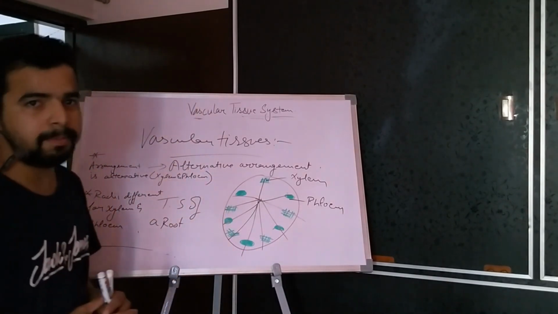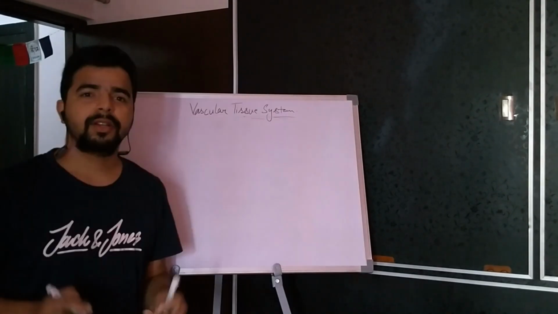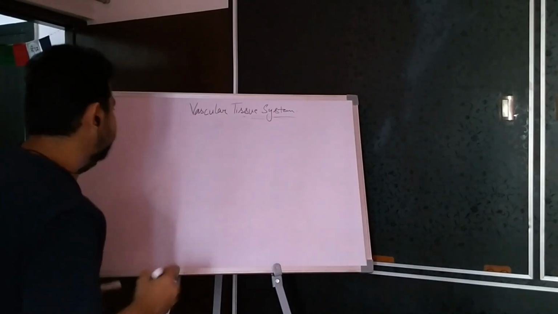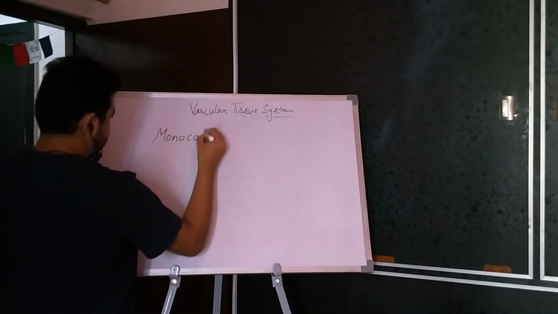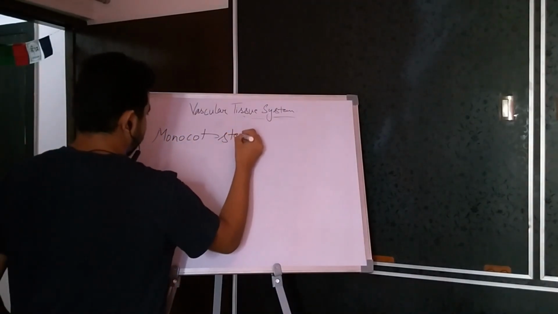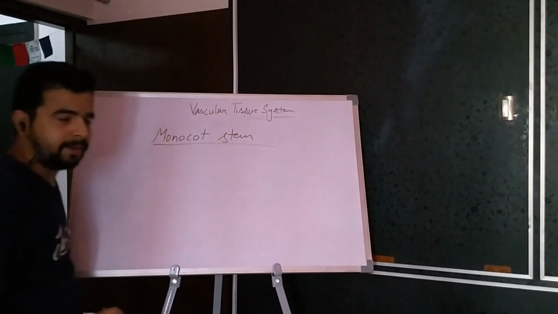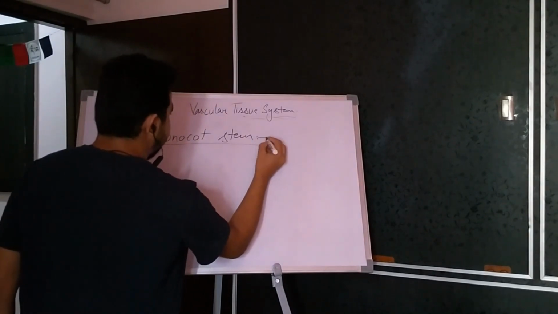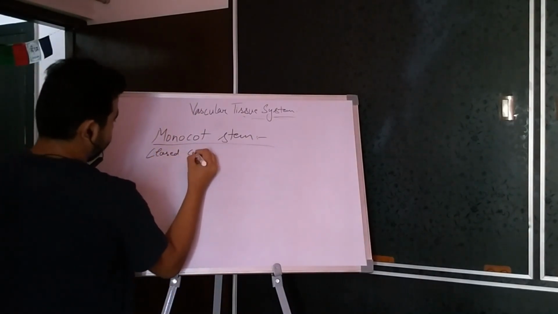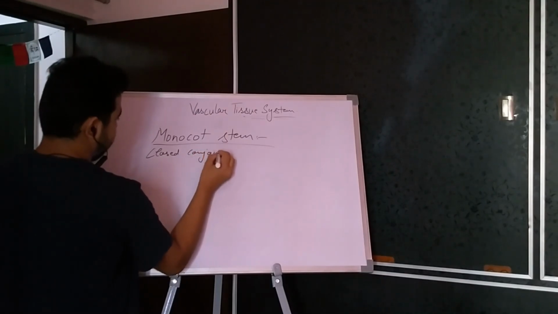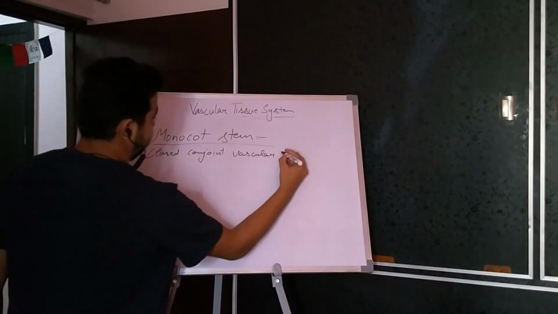Now we are going to see the arrangement pattern in monocot and dicot stems. First we will see the vascular tissue arrangement in monocot stem. In monocot stem, the arrangement pattern is known as closed conjoint vascular bundle system.